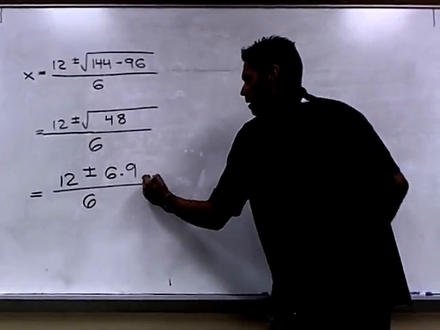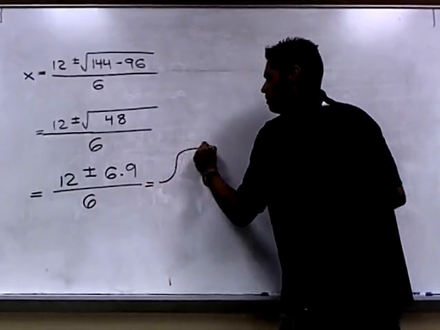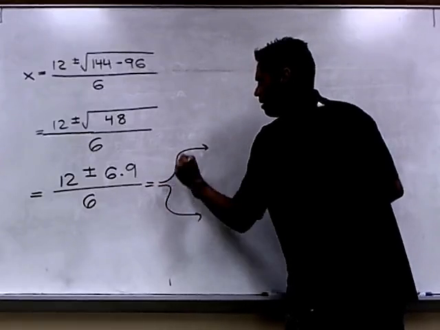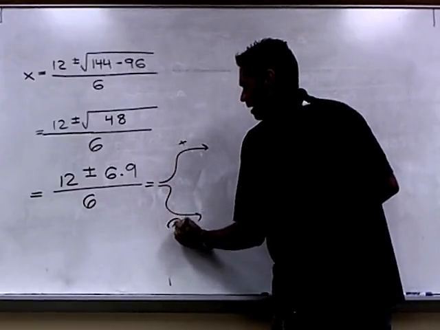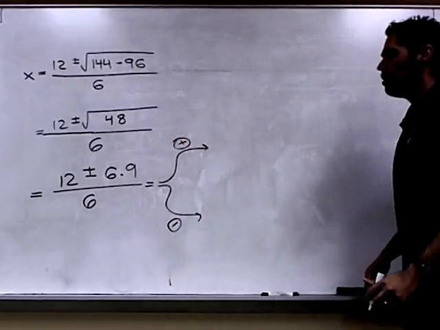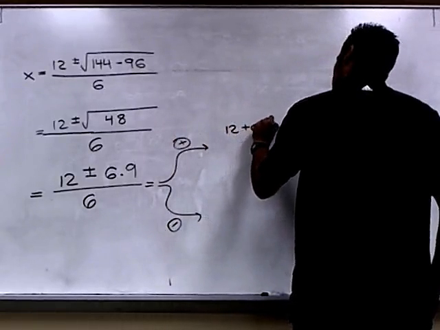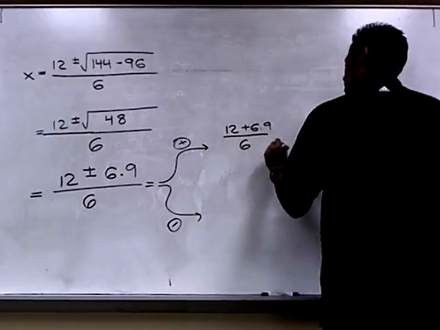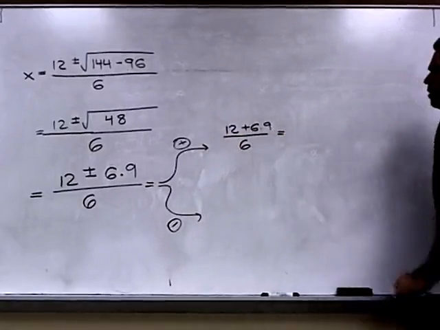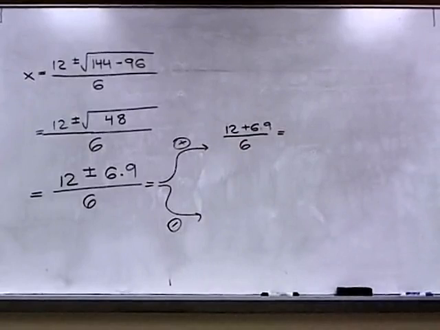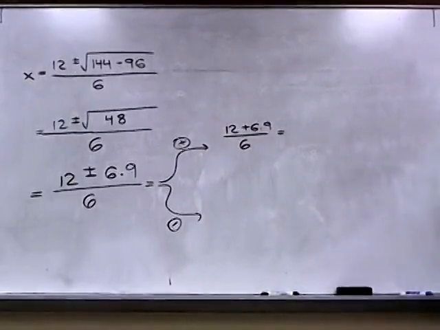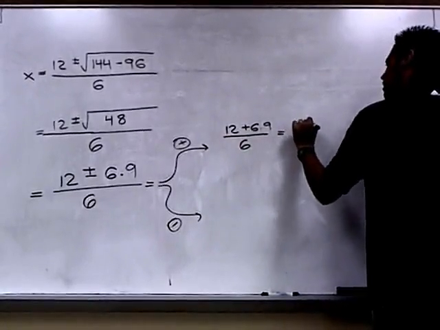Now, I'm going to look at two answers. One with the plus and one with the minus. I'll circle them this time. So if I do the plus, then I'm trying to do 12 plus 6.9 divided by 6. What's 12 plus 6.9? 18.9. Divide that by 6.